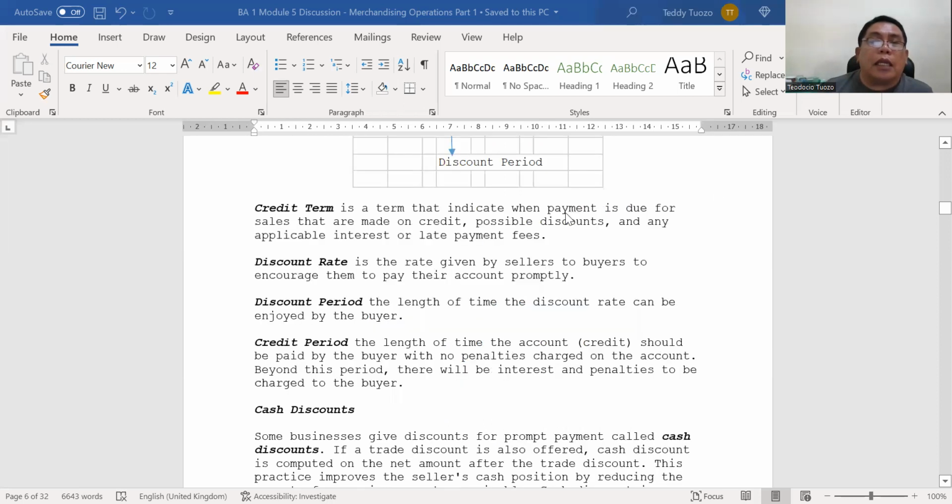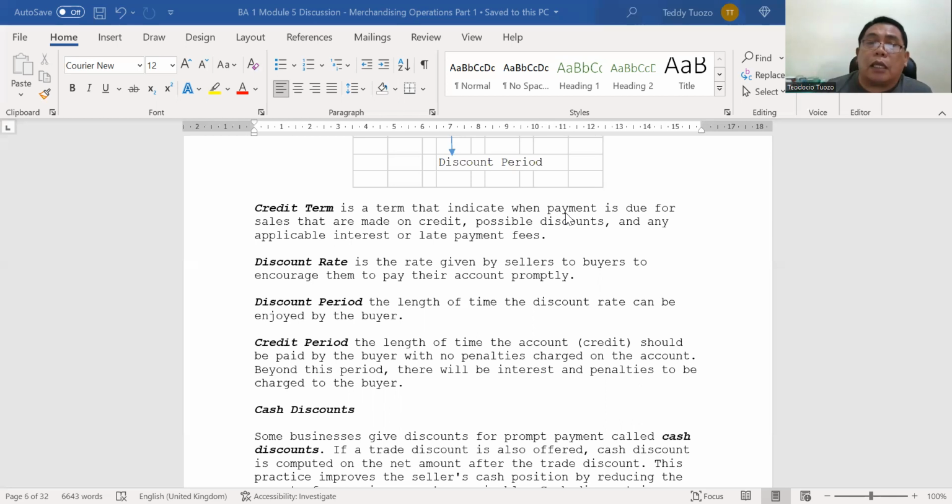The credit term is the term that indicates when payment is due for sales made on credit, possible discounts, and any applicable interest or late payment fees. So when you pay your account beyond the credit period of 30 days, there might be imposed penalties. You also cannot enjoy the discount if you don't pay within the discount period.